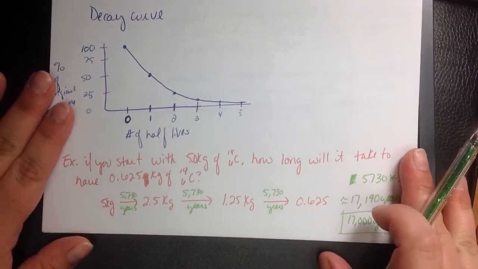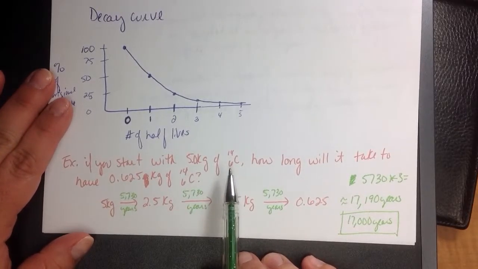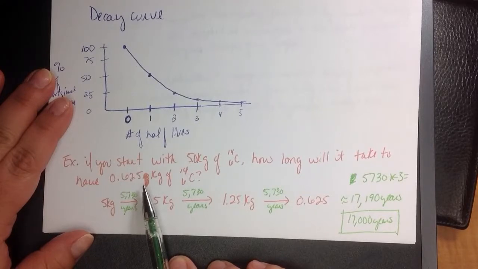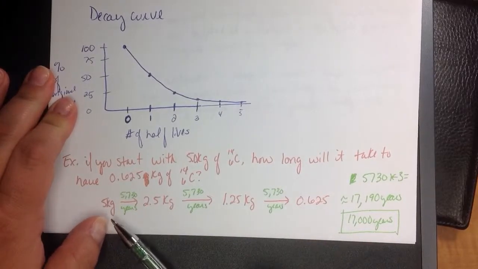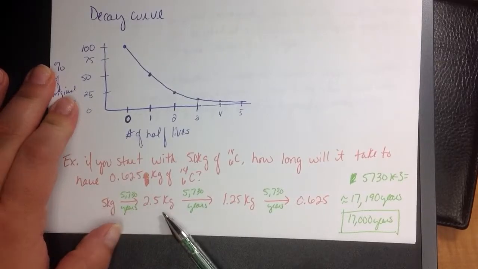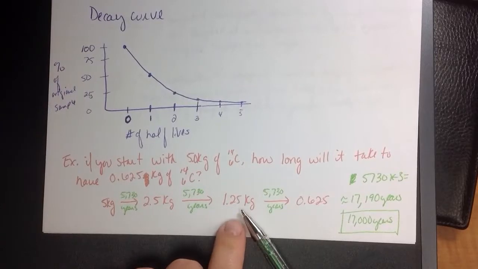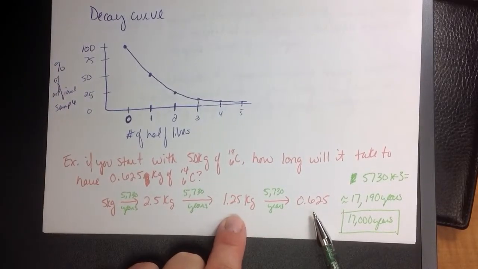So if you start off with 5 kilograms of carbon-14, how long would it take to go to 0.625 kilograms? You start off by just cutting things in half. So 5 kilograms goes to 2.5 kilograms, 2.5 goes to 1.25, and 1.25 goes to 0.625.